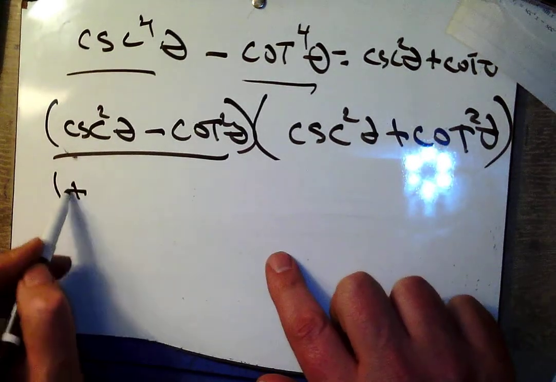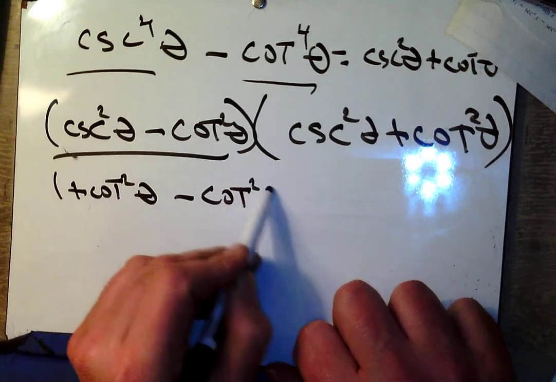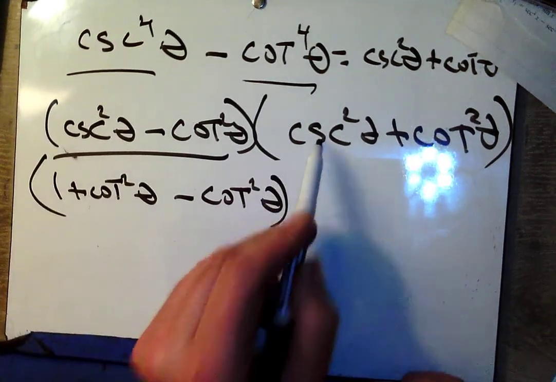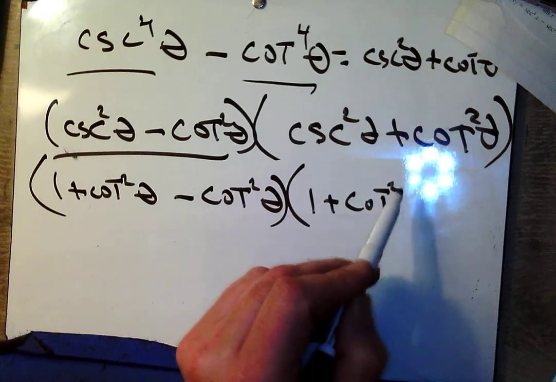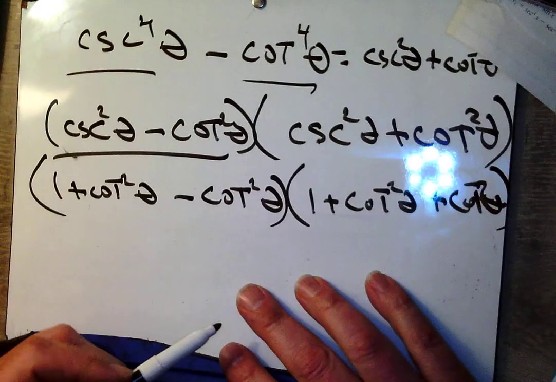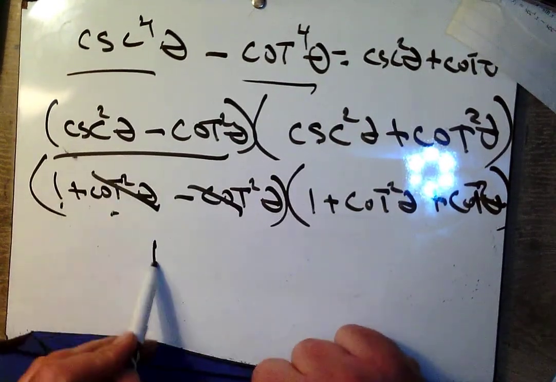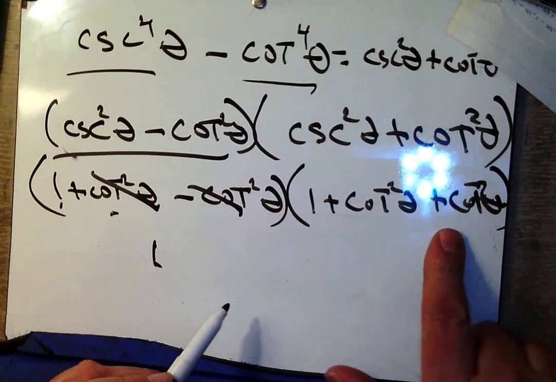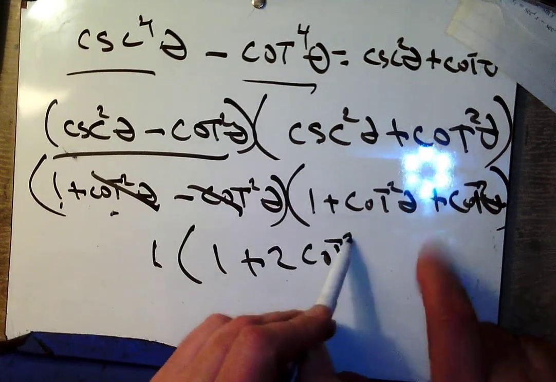Okay, 1 plus cotangent squared minus cotangent squared times, this was going to be 1 plus cotangent squared plus cotangent squared. Okay, these I get 1. Here, I get 1 plus 2 cotangent squared theta.